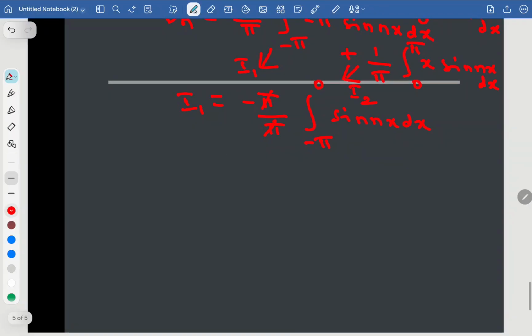Both will get cancelled, pi remaining, minus of integration of sin nx, minus of cos nx by n, limit minus pi to 0. 1 by n, minus of minus plus, cos 0 minus cos of minus n pi, cos n pi. 1 by n, 1 minus minus 1 power n, because cos 0 is 1, cos n pi is minus 1 whole power n.